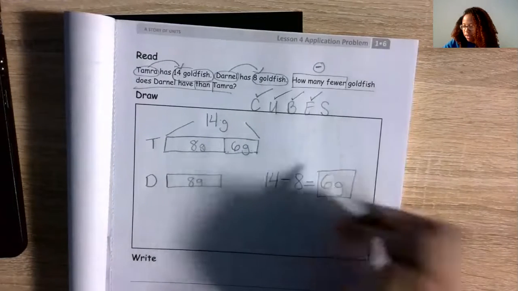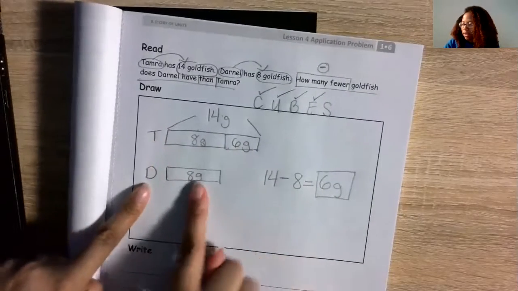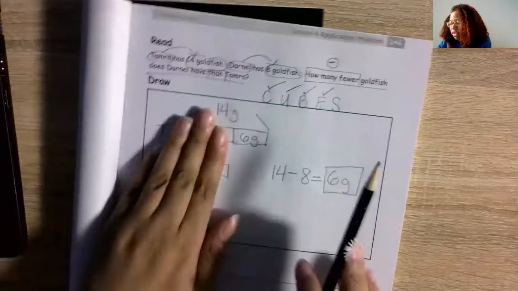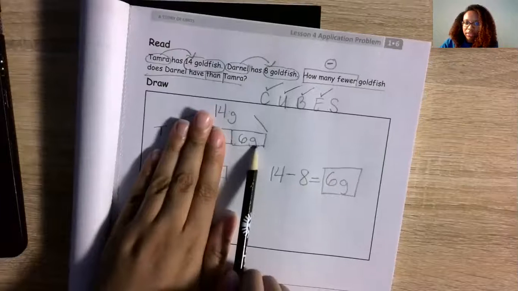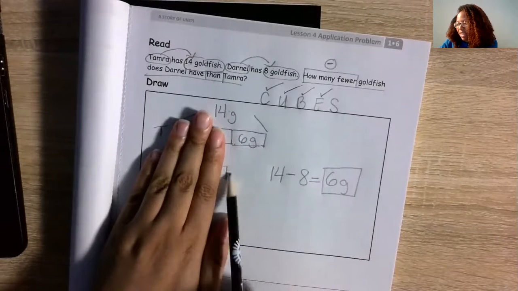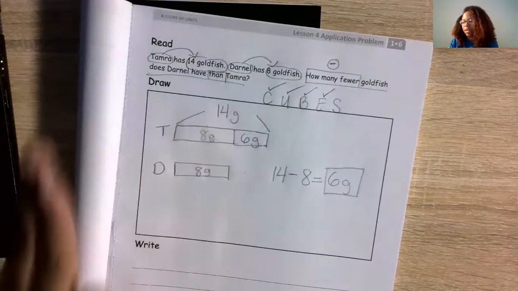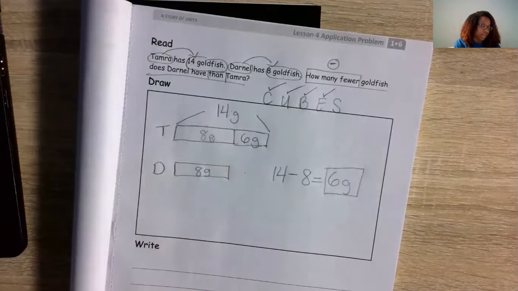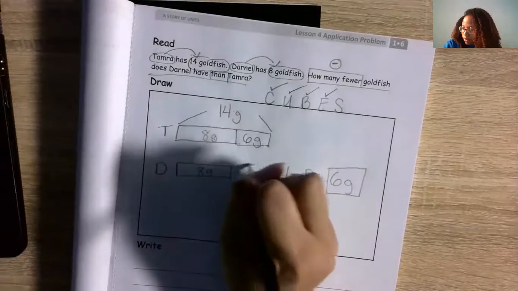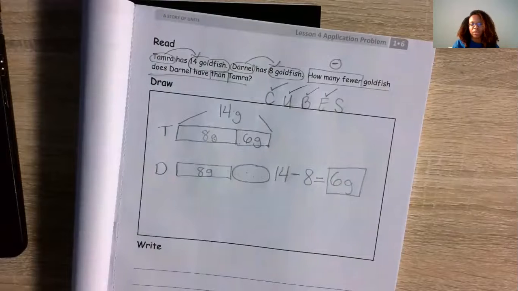And I can double check that because I know that she has 14 goldfish altogether. So I subtract 8. So if I take this away, how many does she have left? She has 6. So that means he has 6 fewer than Tamara. So now that I've figured that out, the empty spot can go for fewer.